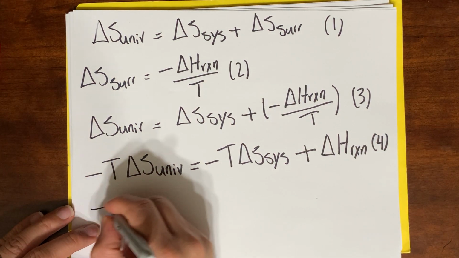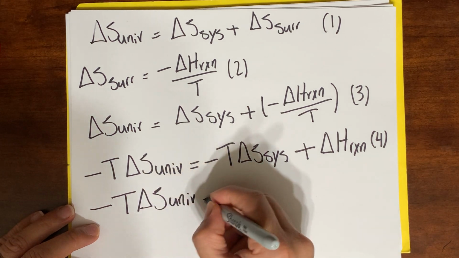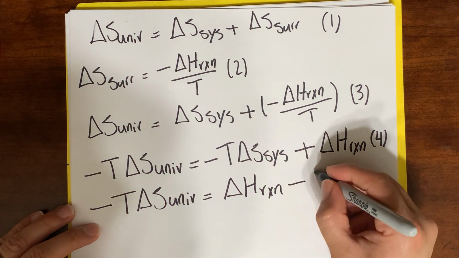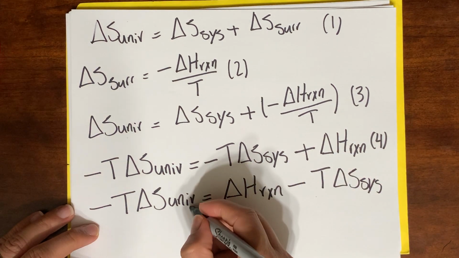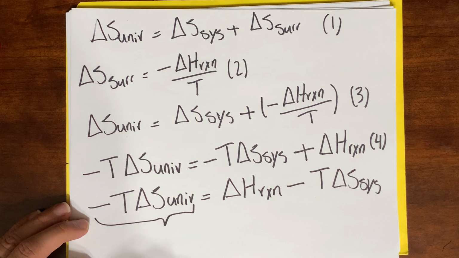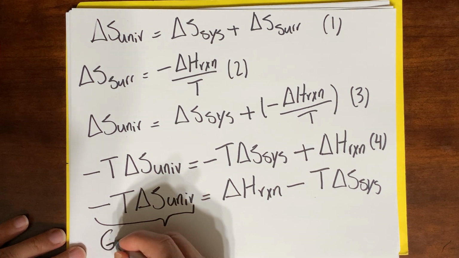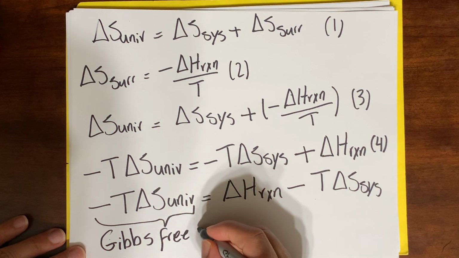Rearrange this, and you get minus T delta S of the universe equal to delta H of the reaction minus T delta S of the system. The left part, we call the change in free energy.